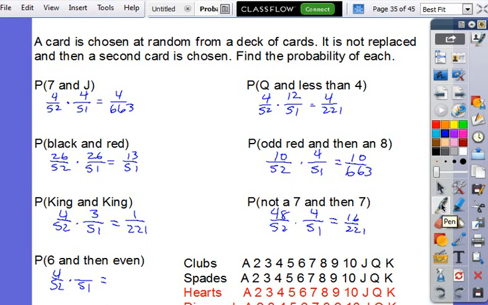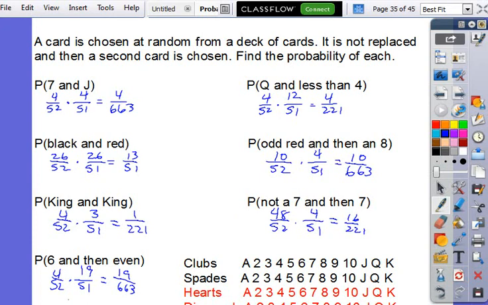Again, on this one right here, since we already took out the 6, that's one of the even cards. Instead of 20, that would be 19, is what I'm thinking, but I'm going to double check that and make sure. So give me the number there if that's right. 19 over 668. I'll have to double check that one, make sure we did that one right.